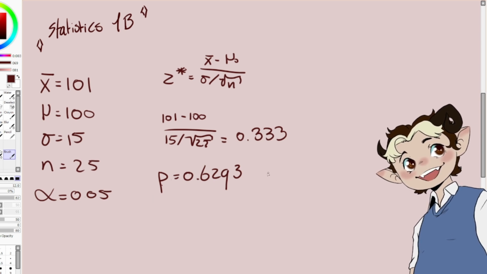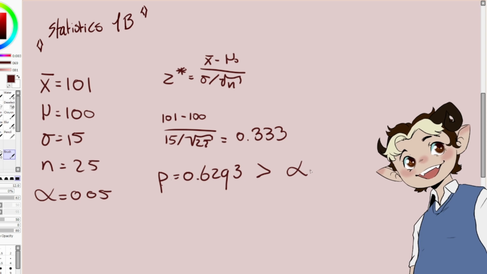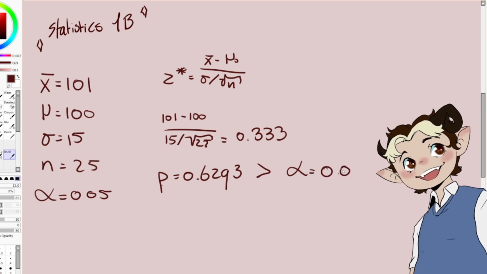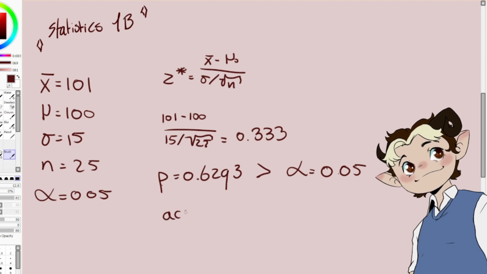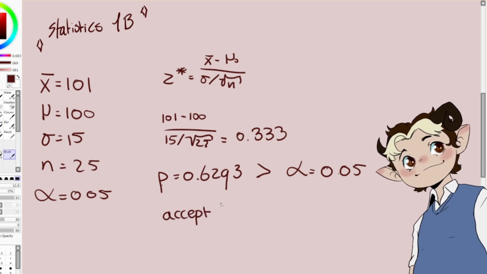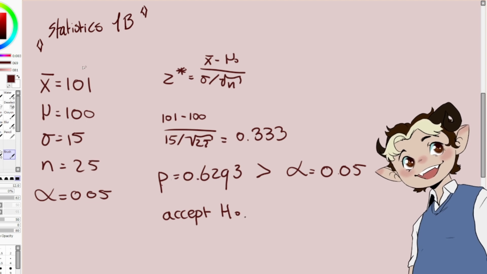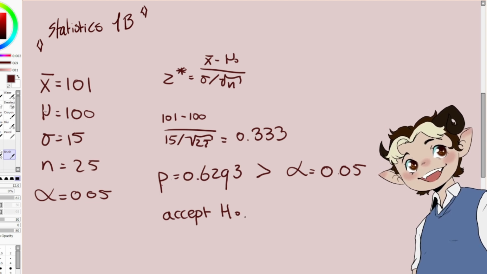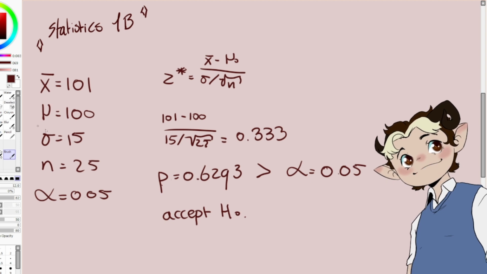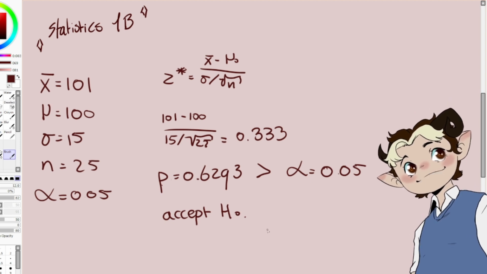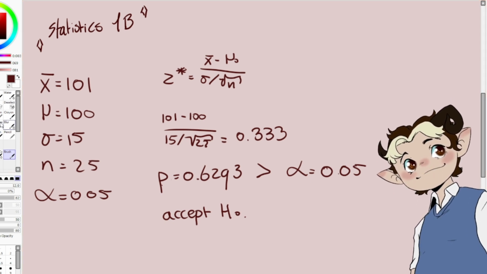That is bigger than our alpha level of 0.05, which means that we accept the null. We're going to assume that the sample was so similar to our assumed true population mean, therefore we're going to just accept it.